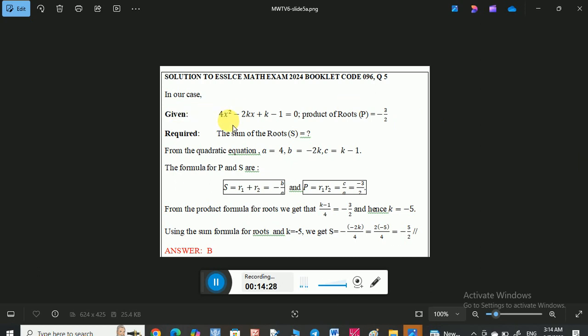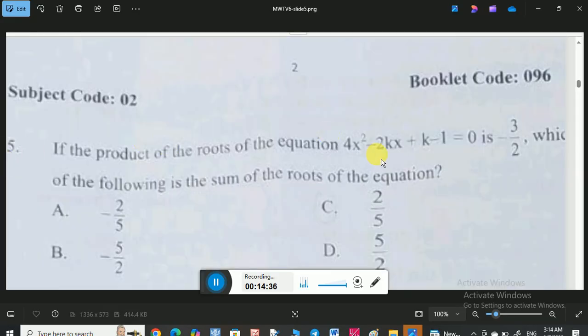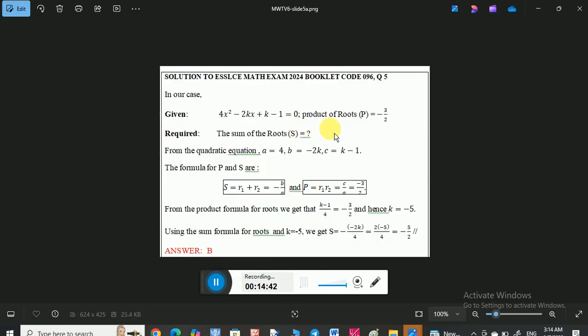We are given the quadratic function 4x squared minus 2kx plus k minus 1 is equal to 0. The given quadratic equation is this from the problem. The roots are not given, but the product of the roots is given to be negative 3 over 2.